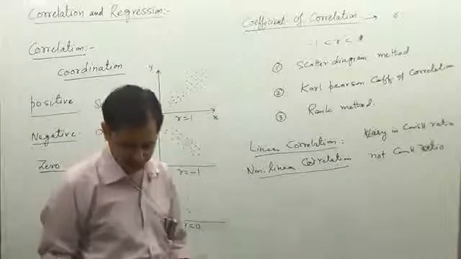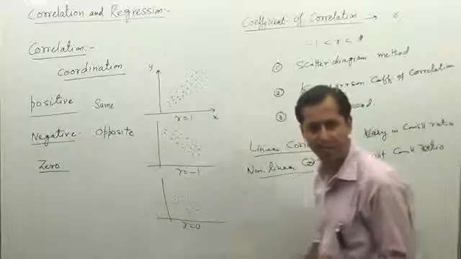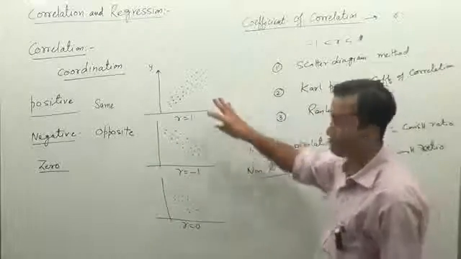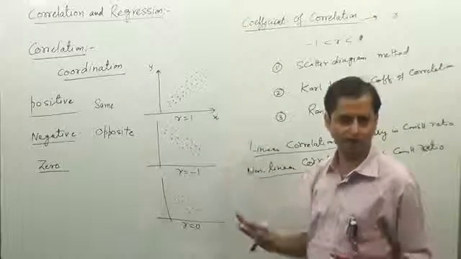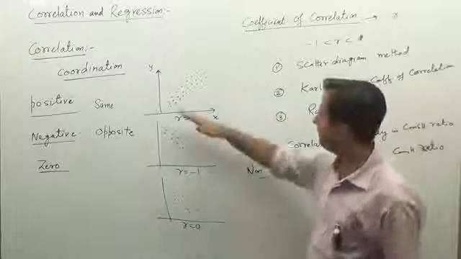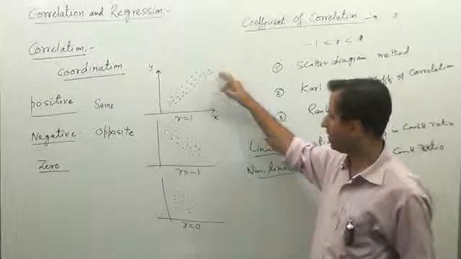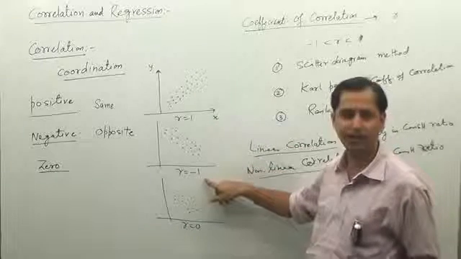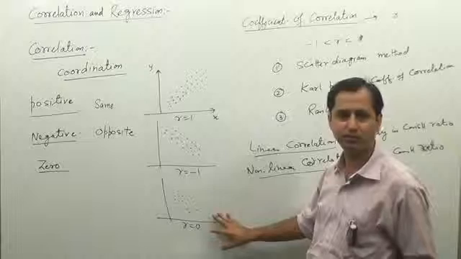Now let's start with the first method, the scatter diagram method. In the scatter diagram method, whatever points are given, we plot those points on the graph. Okay, if the trend is like this, then we call it a positive correlation, and if the trend is like this, we call it a negative correlation, and if the trend is this, then we call this zero.